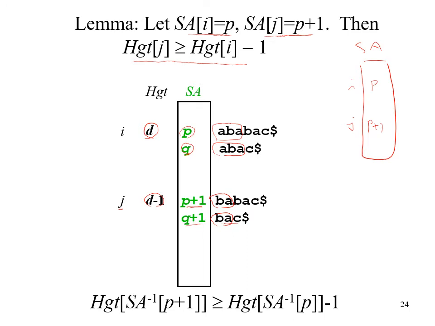So in this case, height[J] is height[I] minus 1. But there is another case.